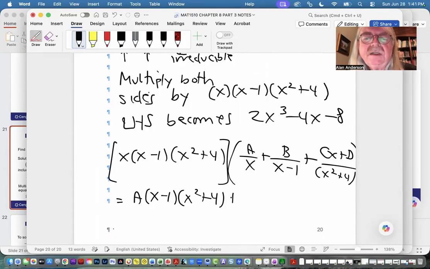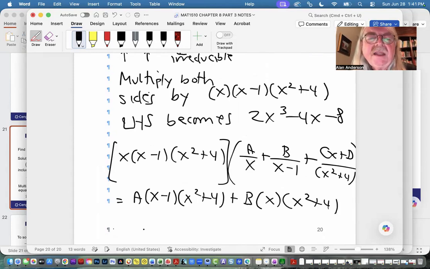For the b term, the x minus 1 drops out, so you'll have x and x squared plus 4. And for the cx plus d term, you'll lose the x squared plus 4, and you'll end up with x minus 1.